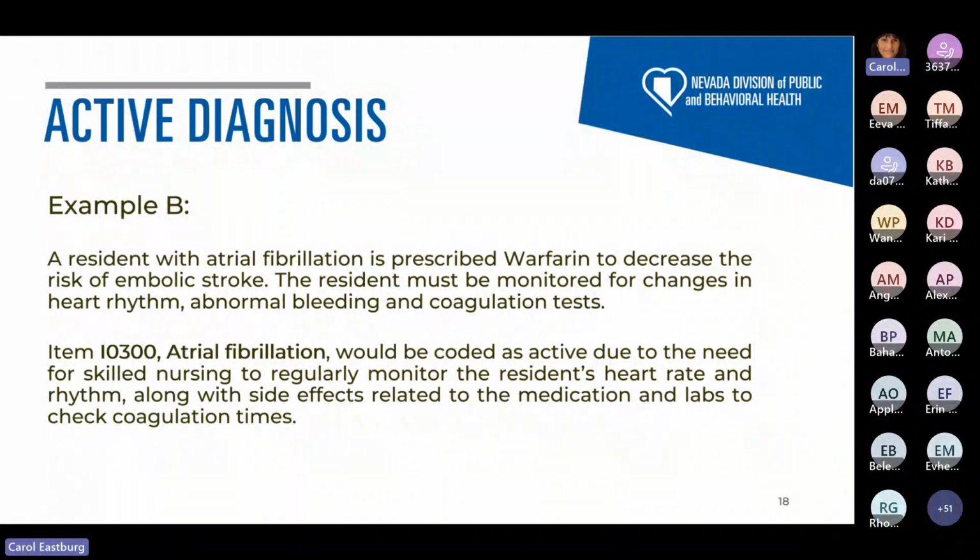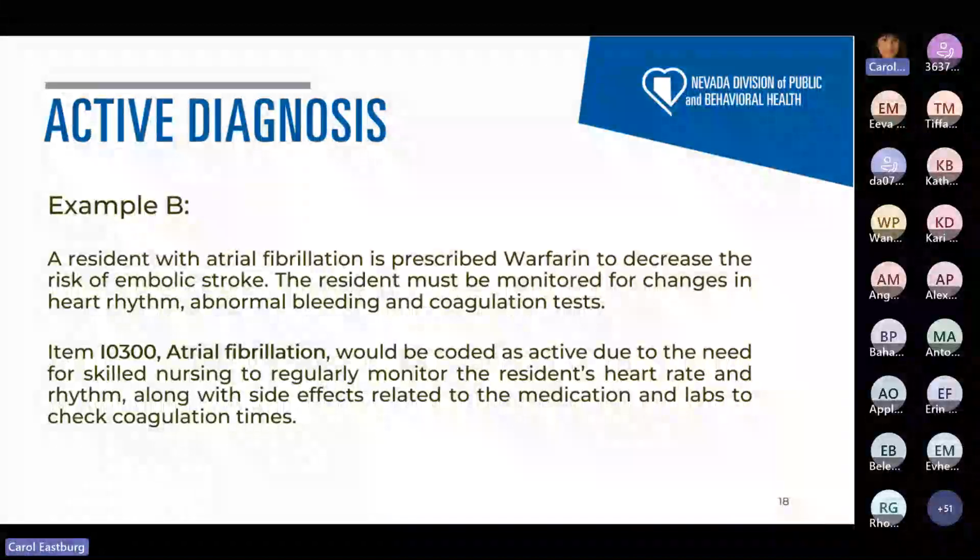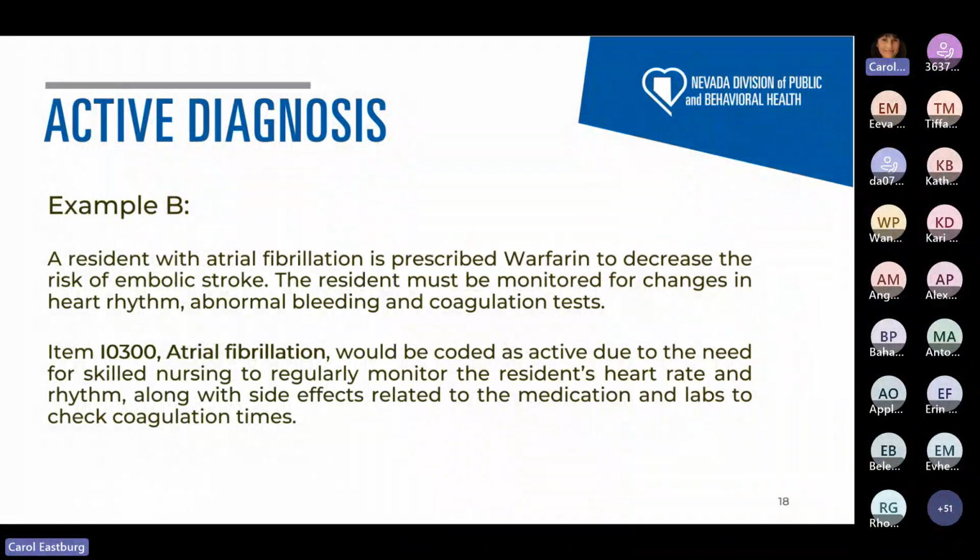In the next example, a resident with atrial fibrillation, or AFib, is prescribed warfarin to decrease the risk of embolic stroke. The resident must be monitored for changes in heart rhythm, abnormal bleeding, and coagulation tests.